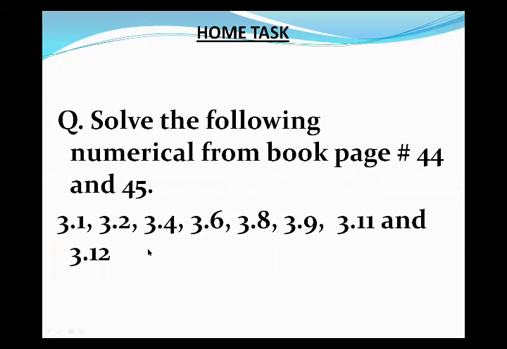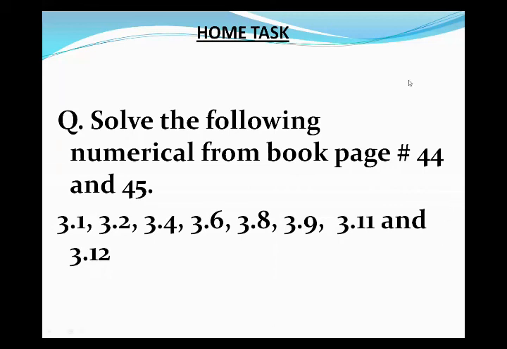Numerical 3.4 is similar to the 3.3 which I have told you. Numerical 3.4 is similar to numerical 3.3. Now, after that, 3.6 is also similar to the 3.5 because in the 3.5 we have discussed about the acceleration and distance, and in 3.6 we have to find out the acceleration of the car.